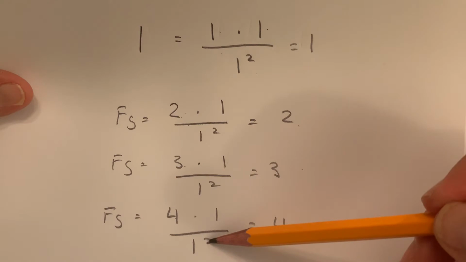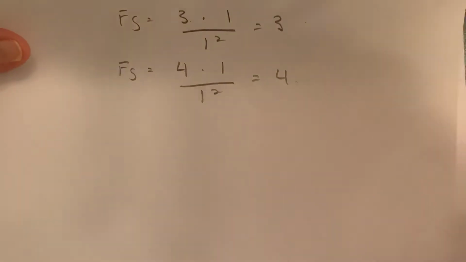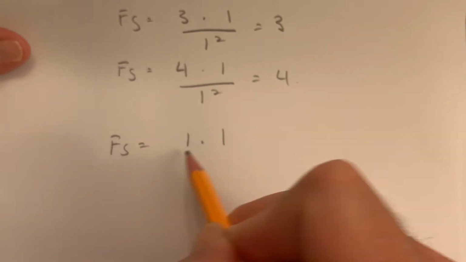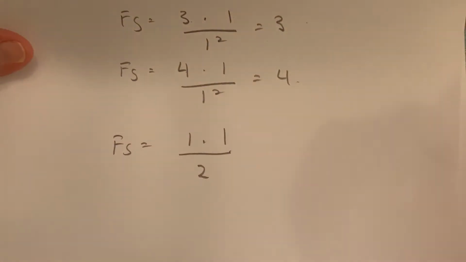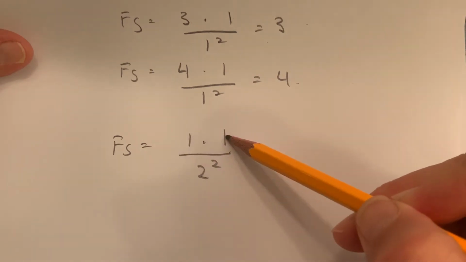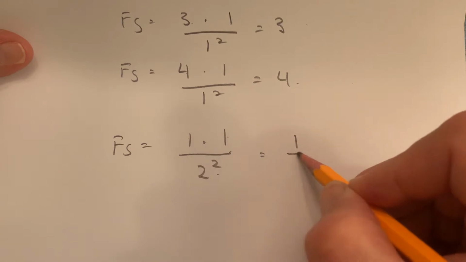Well, let's look to see what happens if we increase the distance between them. How does that affect it? If we leave the masses both 1, and now we double the distance squared, 1 times 1 is 1, divided by 2 squared is going to make it 1/4.